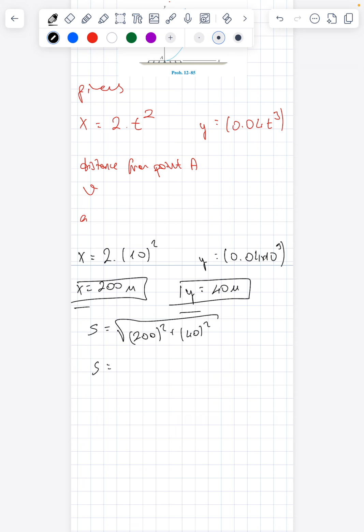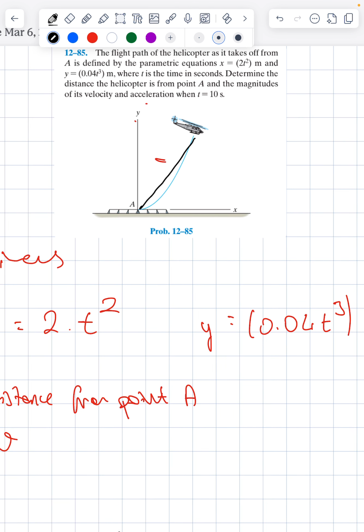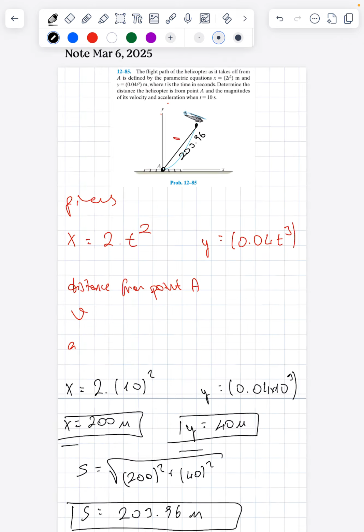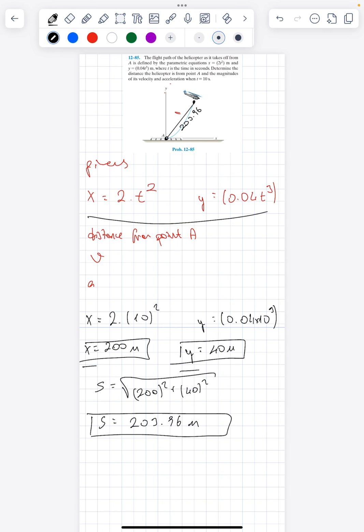S is equal to 203.96 meters. This is my total length, from point A to the helicopter. So I used this data and I found the distance.